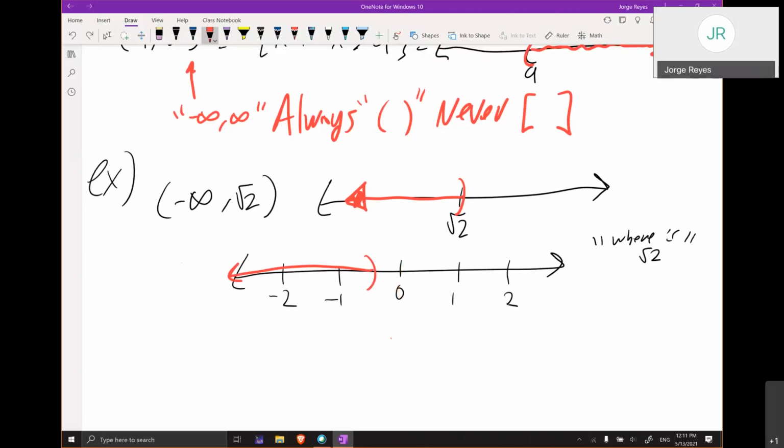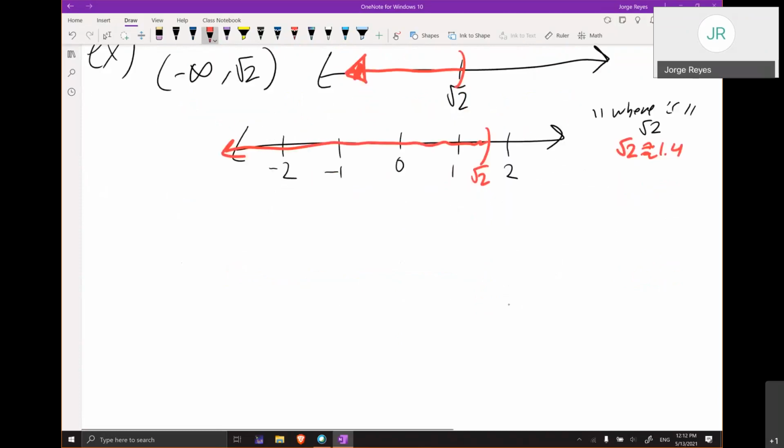So I know you're in the wrong spot. So here, hopefully you'd crunch it out. The square root of 2 is approximately 1.4, so we'll just put it here. And I'm a fan of always labeling. So just label square root of 2 here, and then you're correct.